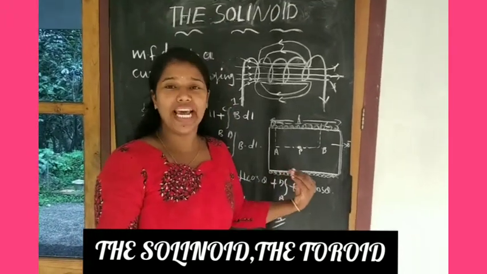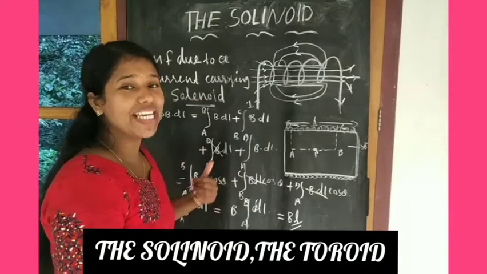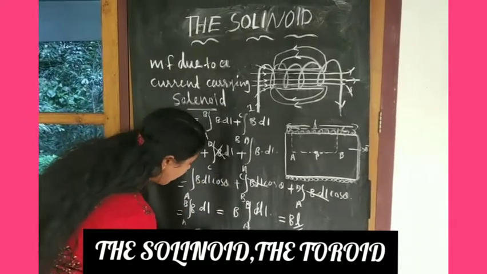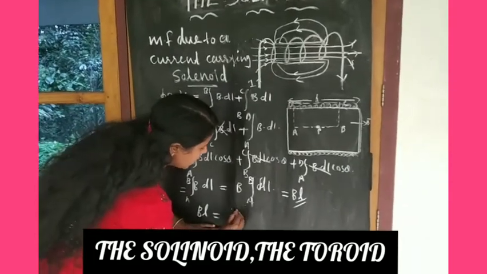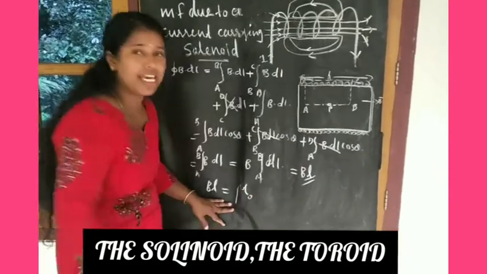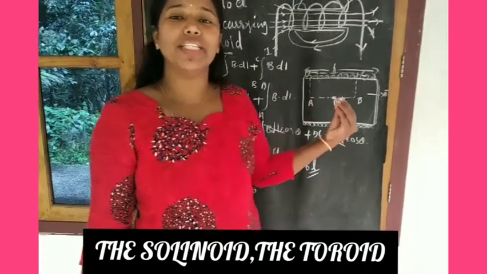Using Ampere's circuital law, BL is equal to mu naught I, where I is the current enclosed by the loop.